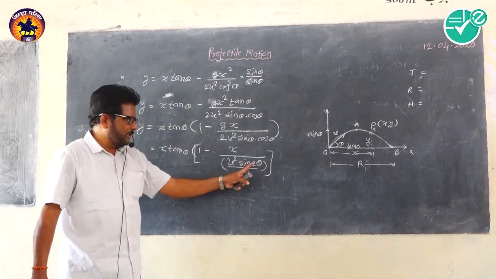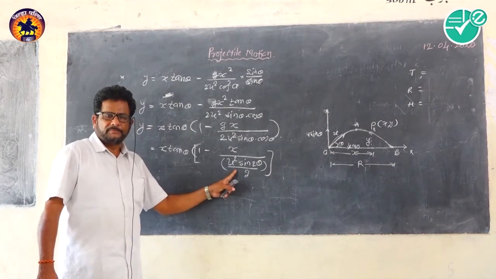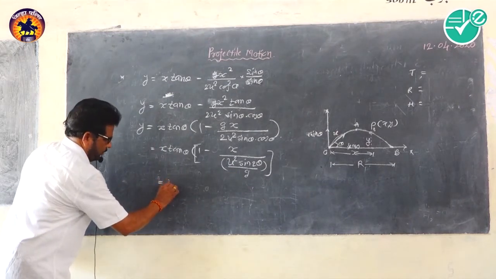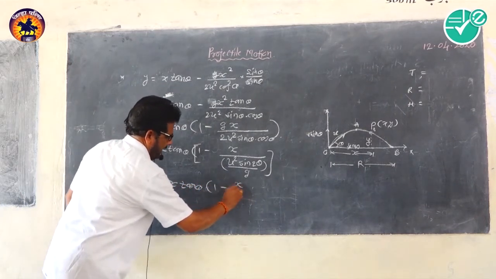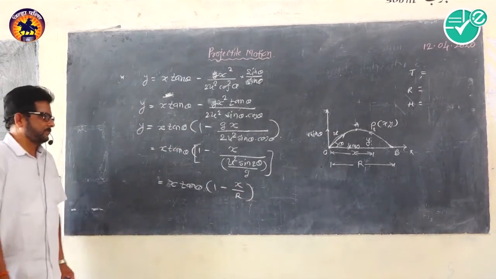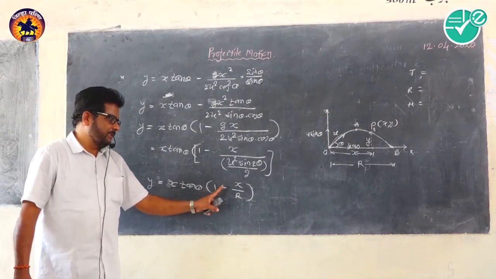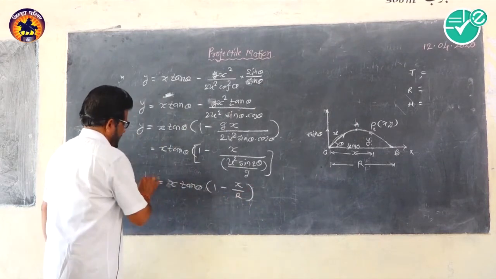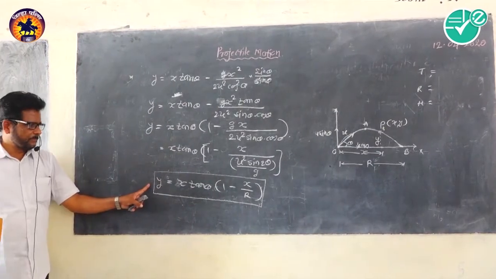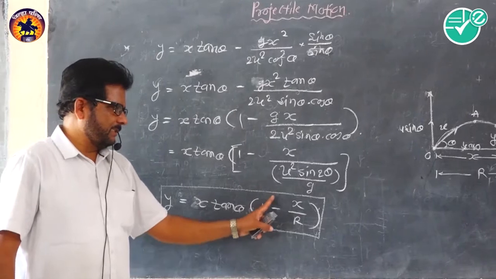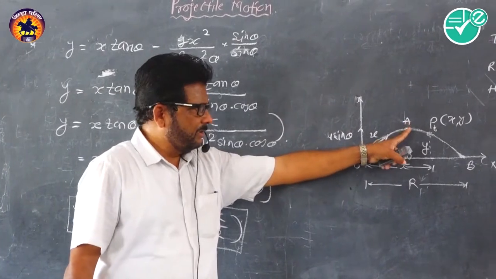But u square sin 2 theta by g is the range of the projectile R, and therefore we can write y equal to x tan theta into 1 minus x upon R. This is another form of the equation of the trajectory. So this equation of the trajectory can be written in different ways.